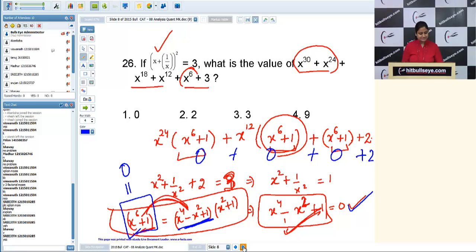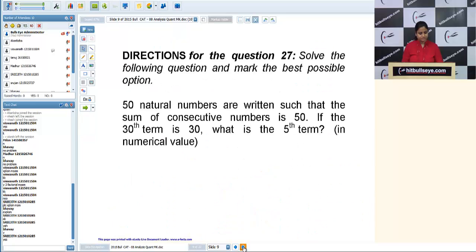Okay, let us move. Question number 27 is reported as a medium level question, but it was very, very easy. Still any problem in this question? Question number 27.